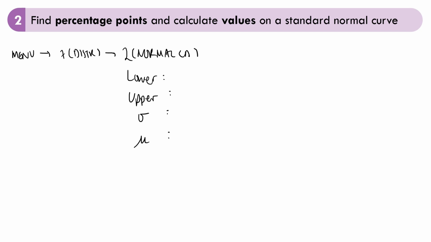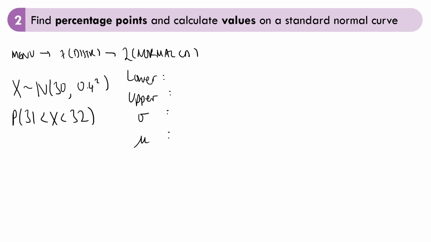So for example, if we have the random variable x, which is modeled with the normal distribution with mean 30 and standard deviation 0.4 squared, and we're trying to find the probability that 31 is less than x is less than 32, then our lower value will be the 31, the upper value will be a 32, and our sigma will be 0.4, and our mu would be 30.